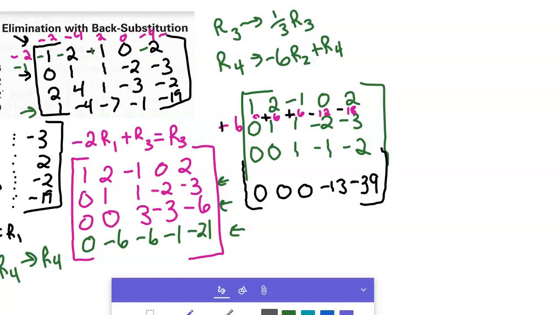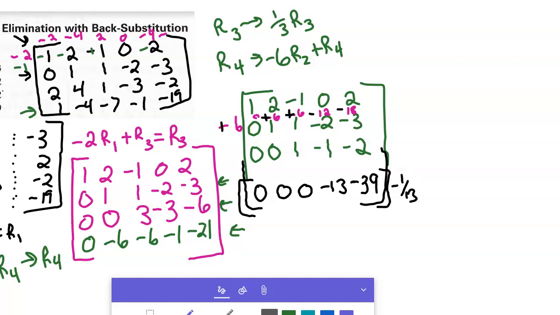Oh no, that looks good. Ooh, that's good. So we've got our third row, and I noticed 39 is divisible by 13, so if I just take this bottom row by 1/13, negative, I get the ones I need.